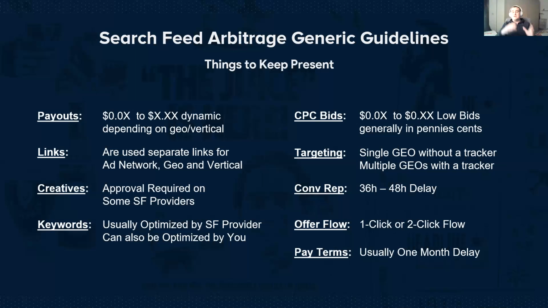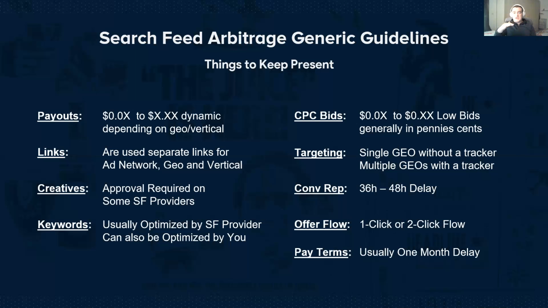Then, in terms of bids, since we talked about the process of getting approval, we would like to be careful here not to go with bids like we're used to with standard campaigns or generic lead generation or e-commerce campaigns.